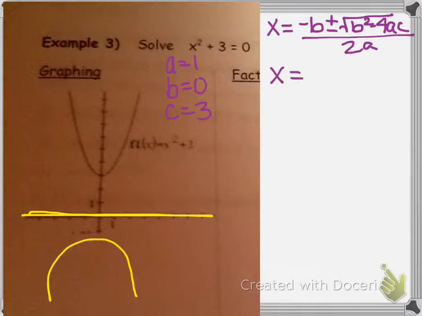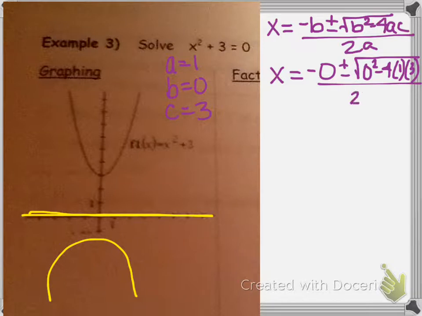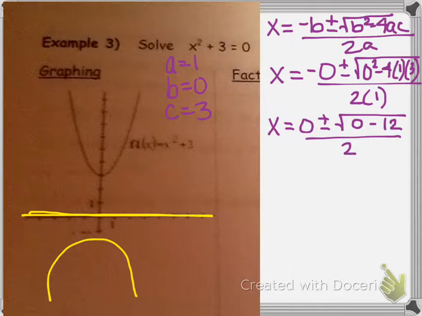So x equals, b is 0, so the opposite of 0 is just 0, but I'll just put in the negative, plus or minus the square root of 0 squared minus 4 times 1 times 3, divided by 2 times 1. x equals 0 plus or minus, 0 squared is 0, so 0 minus 12, divided by 2. x equals, I guess there's no point in writing that 0 anymore, plus or minus the square root of negative 12 divided by 2. So there we go with that negative again.